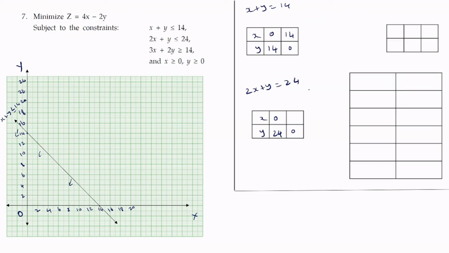Then when y is 0, this part will be 0, 2x will be 24, x is 12. So we have (0, 24) here and (12, 0) here. If we draw a line joining these 2 points, we will get the line corresponding to 2x plus y equal to 24. The region corresponding to 2x plus y less than or equal to 24 is this part.